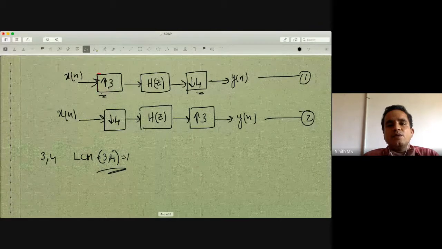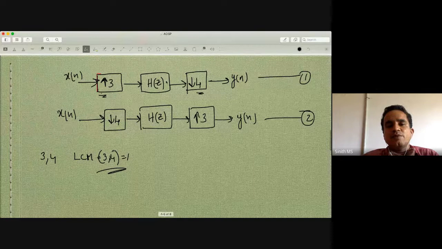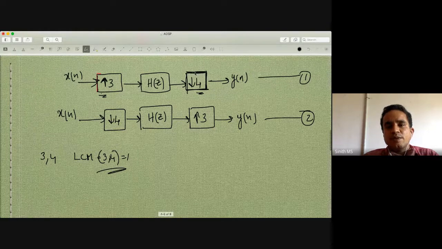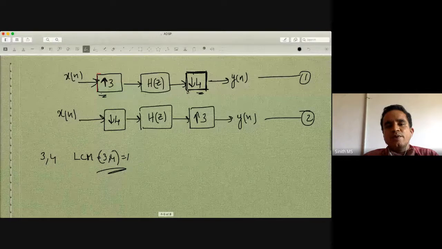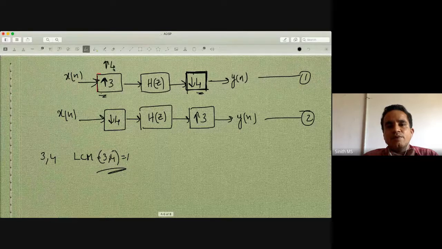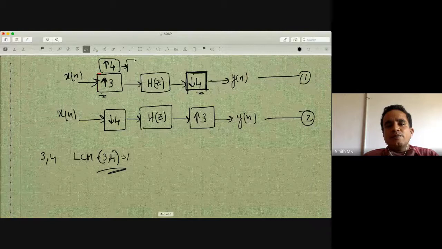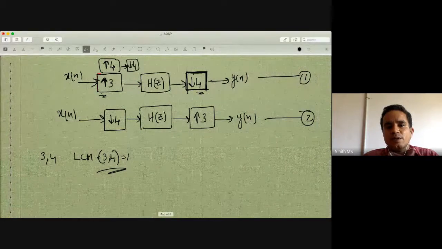When you do upsampling by a factor of 3, no data is lost. If you pass it through a filter and then do a downsampling by a factor of 4, data will definitely be lost, because downsampling makes loss in data unless you don't have any data at the specific regions which will be lost. For example, if you do an upsampling by a factor of 4 and then a downsampling by a factor of 4, you may not lose data.